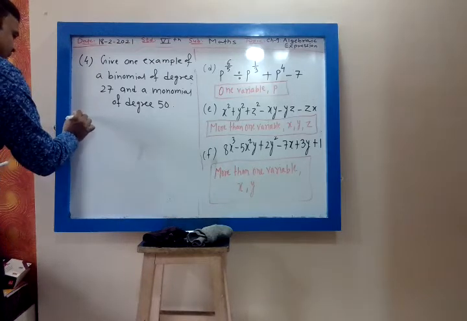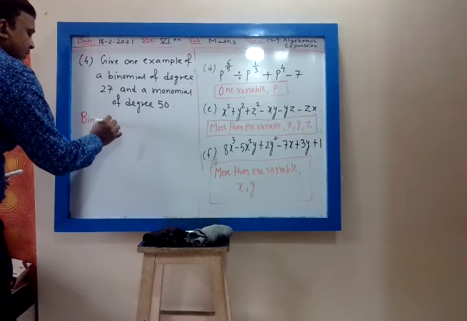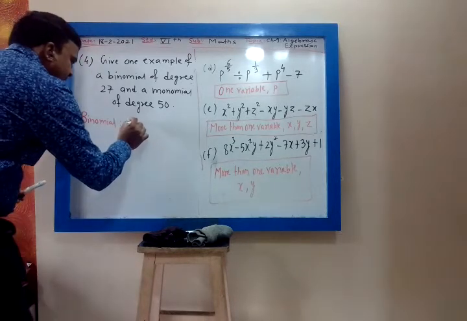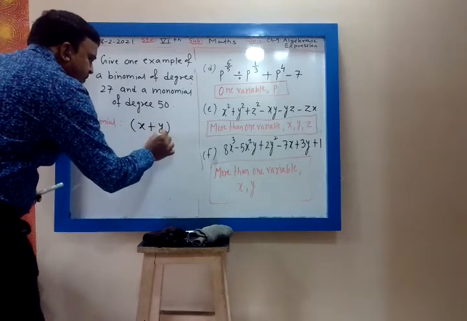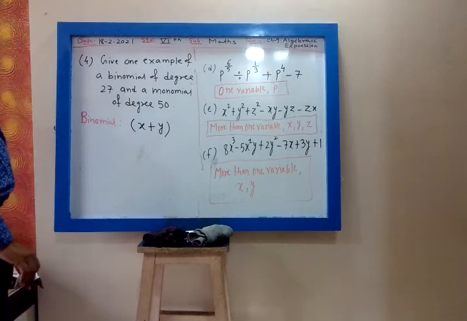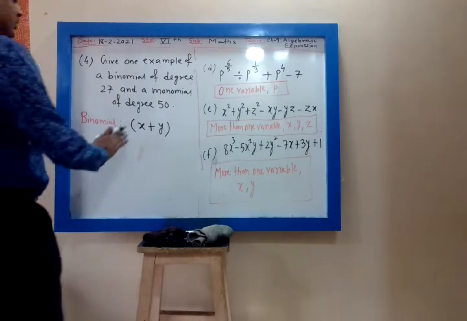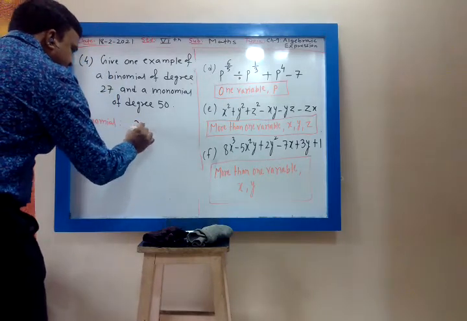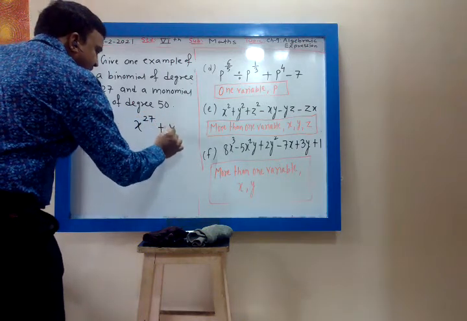Wait. So now we write a binomial example. We can write x plus y in the bracket, or you can write this as x raised to 27 plus y raised to 27.